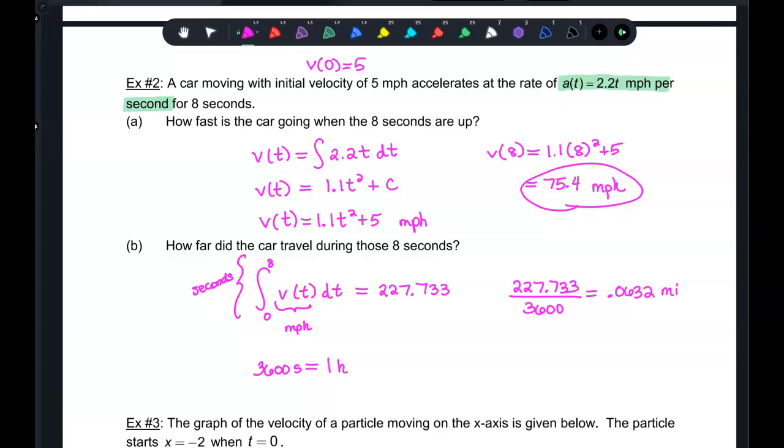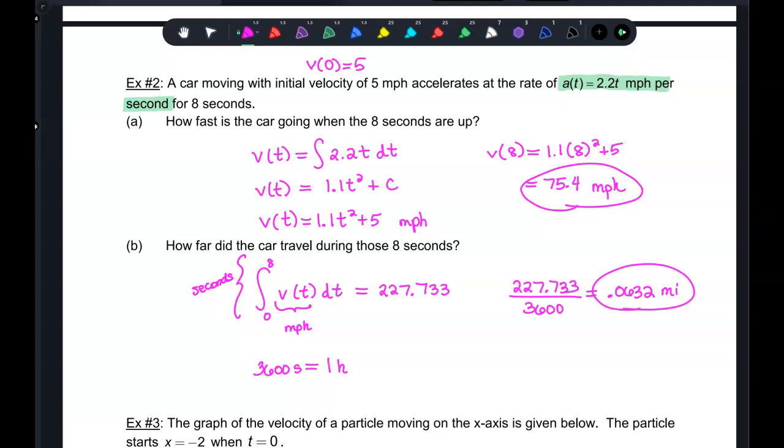0.0632 miles. What unit is 227.773? You tell me, what kind of unit would that be? Miles. But it's not a mile though. How far? Miles per hour per second?